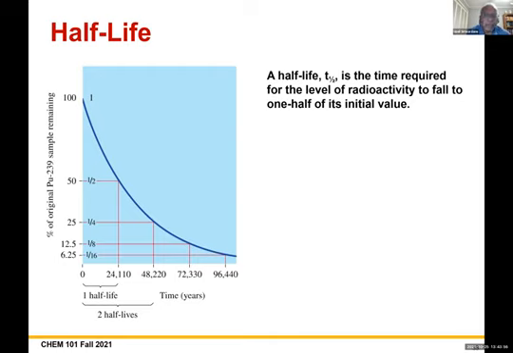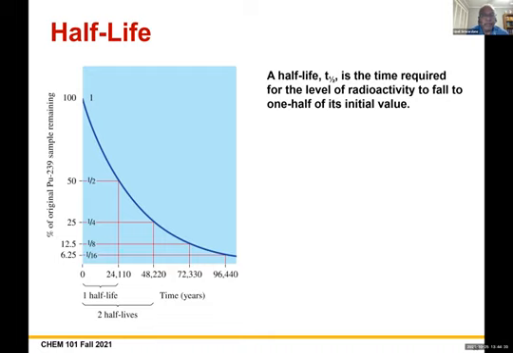If you look at this time in years, originally the sample contained 100 percent. If you start with 100 grams, the half-life is the time taken for it to become 50.